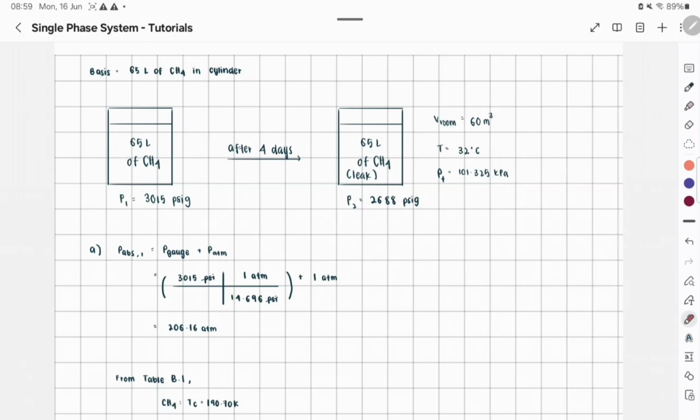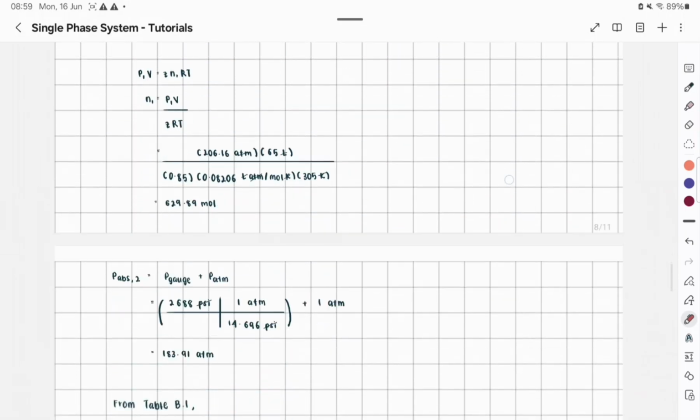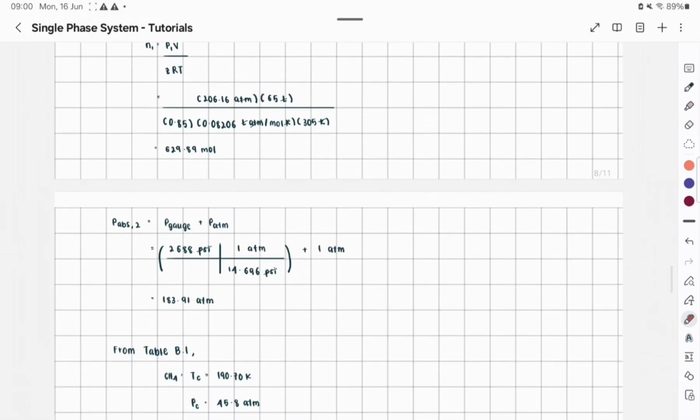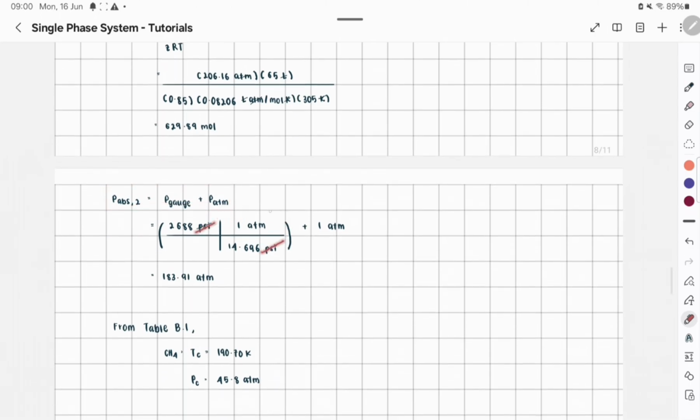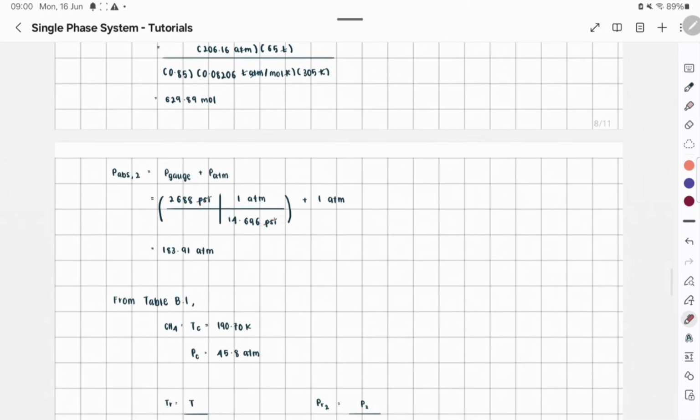First, we use the same method as we find the number of mole at pressure 3015 psig. We convert the psig to atm: 2688 psi over 14.696 psi equals 183.91 atm.